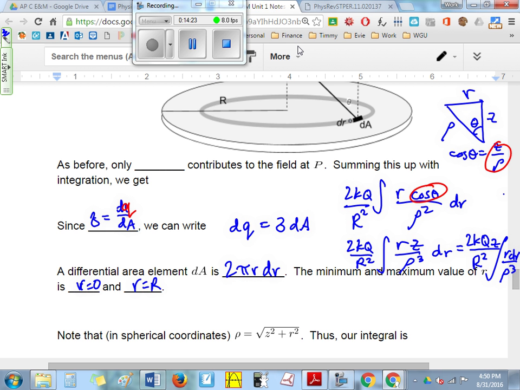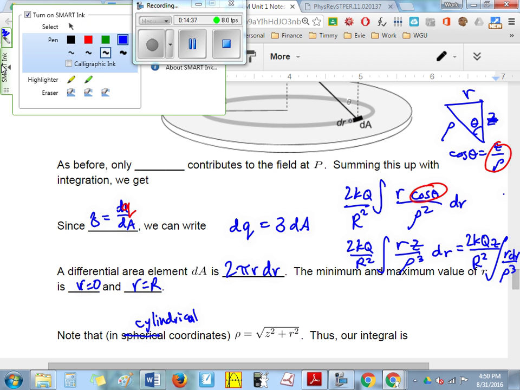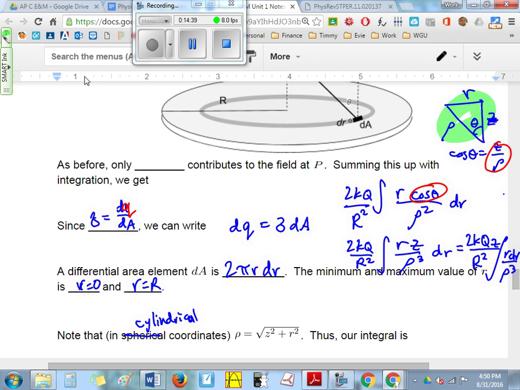Now, I should have mentioned cylindrical coordinates here, not spherical coordinates. If you're working with these cylindrical type situations, you can see from looking at this triangle that the Pythagorean theorem would go something like rho squared is equal to r squared plus z squared. So I've written that here.